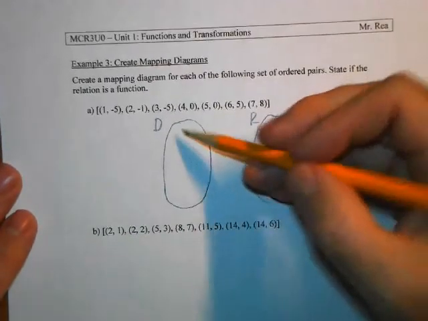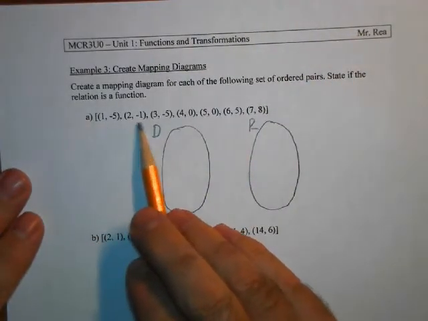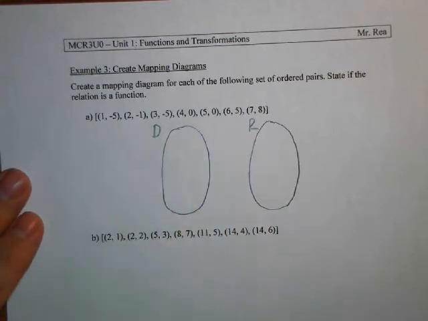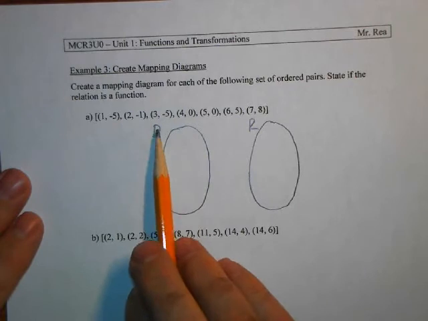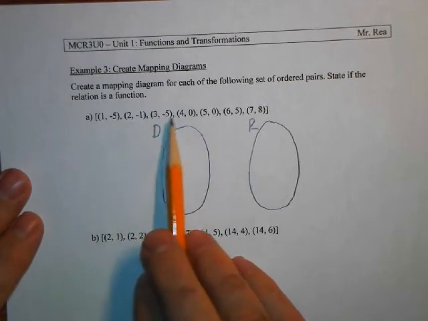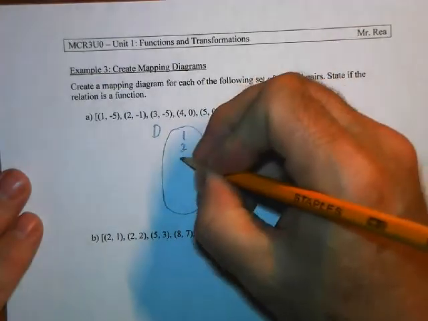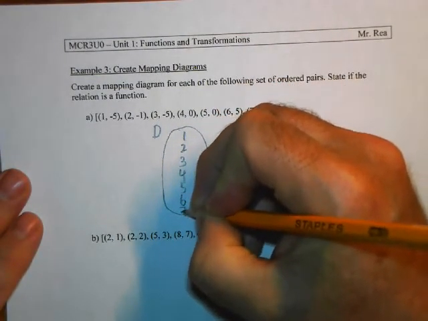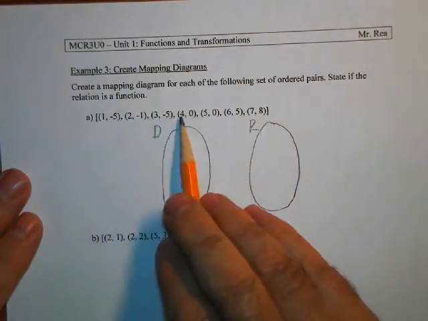Remember, inside the domain oval, I put all the values of x that exist for this relation. We don't know if it's a function yet, so I'm going to put them in ascending order. So I've got 1, 2, 3, 4, 5, 6, 7. These ones are in nice order already. And then the range, you can see it hops all over the place.